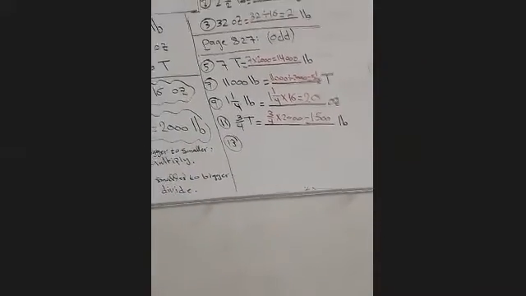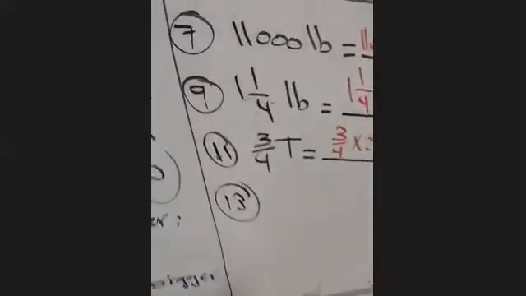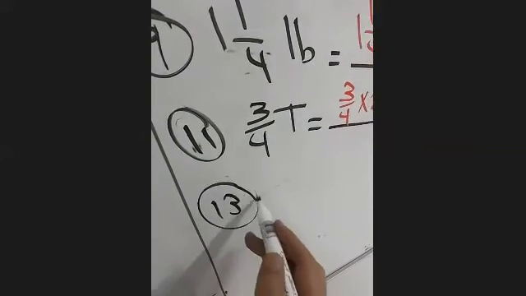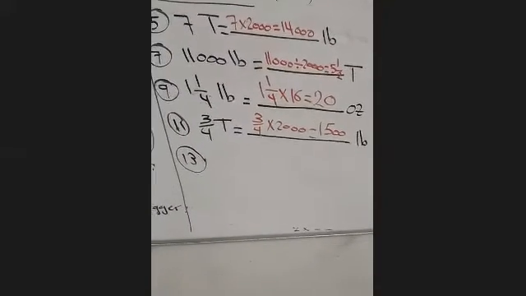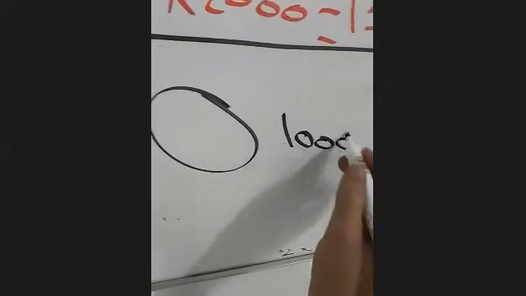Question 13. Read the question. 1 over 2 ton, or 1,000 pounds.